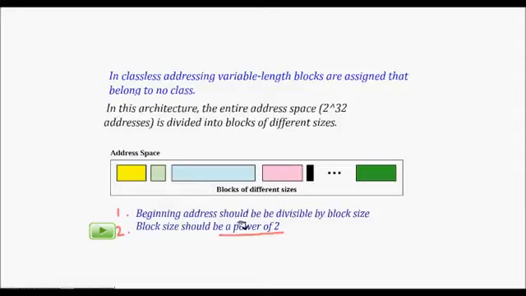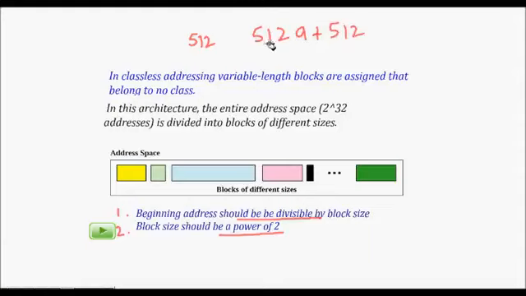The first one is important because, let's say our network size is 512, which is a power of 2, this is fine. Why should the starting address be divisible by the block size? It means the starting address should be a multiple of 512. Then my end address will be obtained by adding 512 to it.